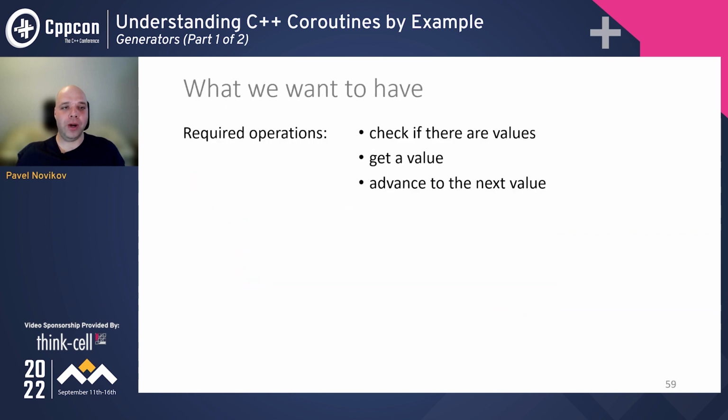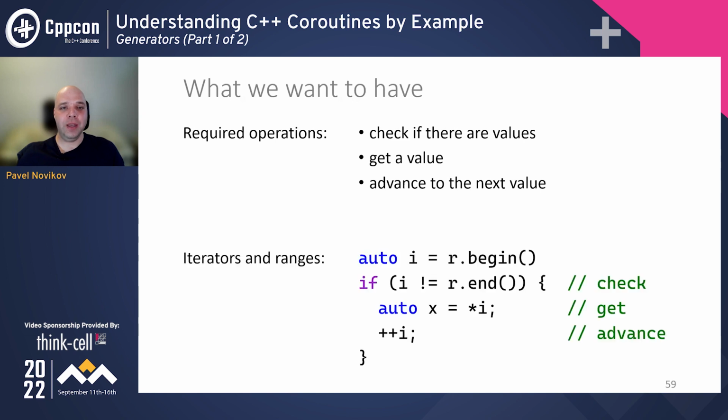So this is also ugly, and in fact, the operations that we need are to check if there are values in the generator, to get a value from the generator, and to advance the generator. And all of this is fulfilled by the Iterator interface.